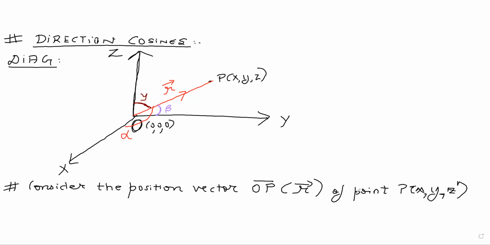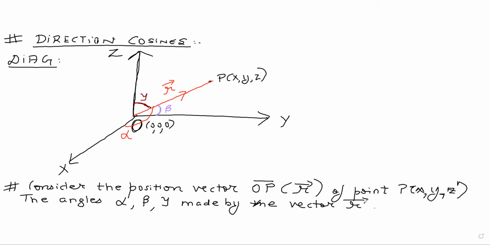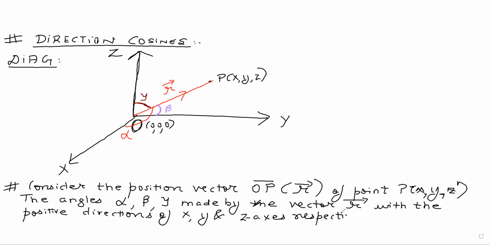The angles alpha, beta, gamma made by the vector R with the positive directions of the x, y, and z axes respectively are called its direction angles.